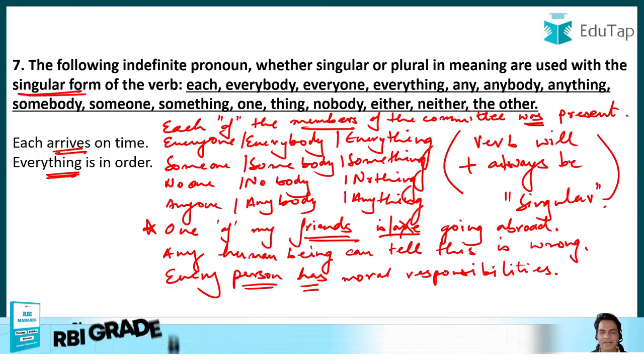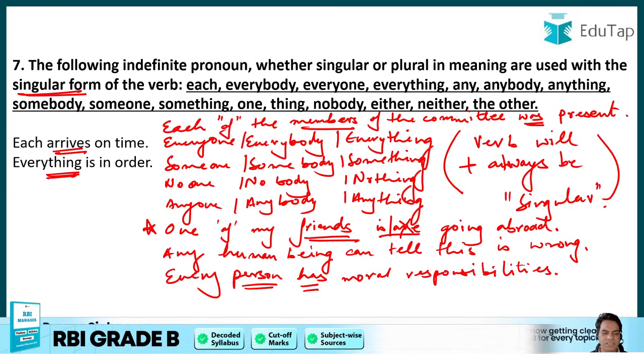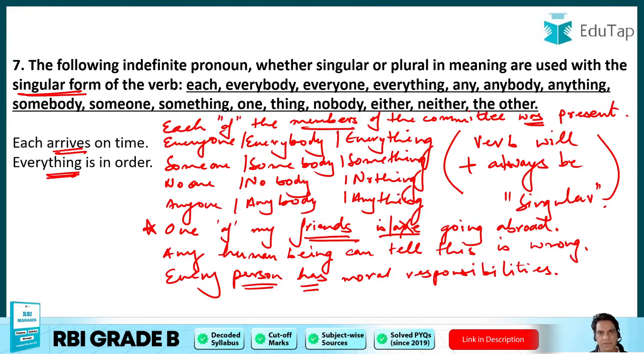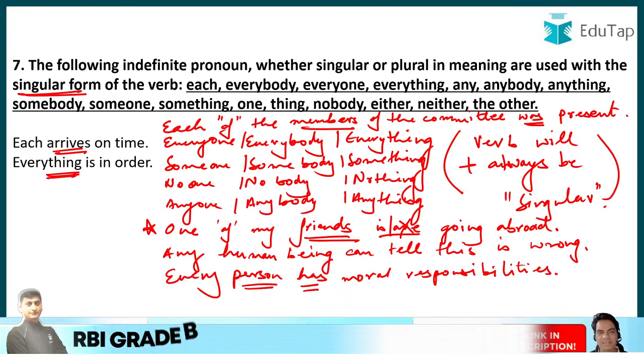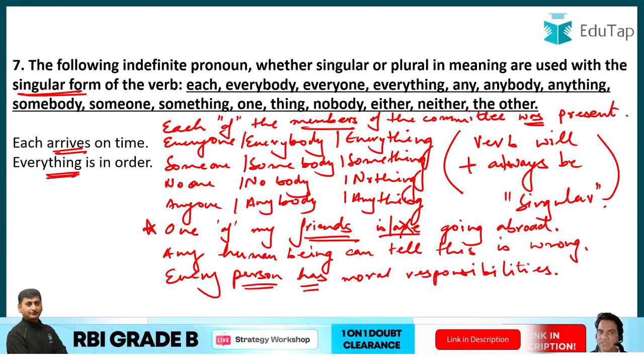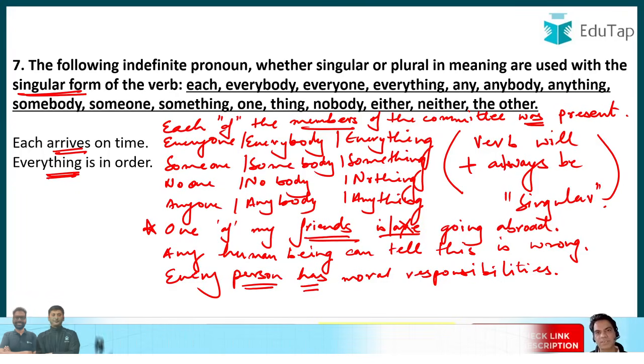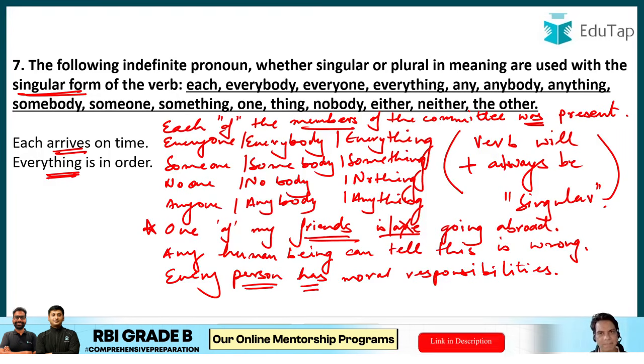Even if we use and, still, see, for example, each staff member and each board member was present in the meeting. If we are using each, even if you use and here, please remember this, guys. I told you there is only one conjunction that can create two subjects in a sentence, which is and. But this rule supersedes the rule of and.